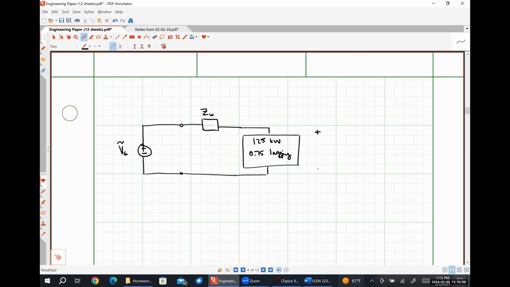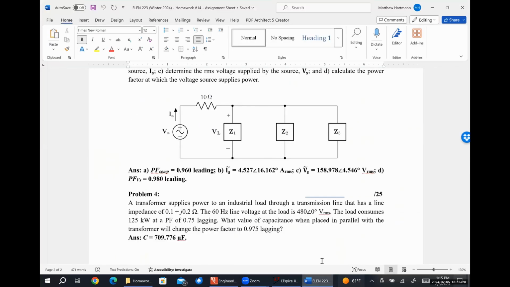I'm also told that the voltage drop across my load is 480 angle 0 degrees volts RMS. ZW is 0.1 plus j0.2.